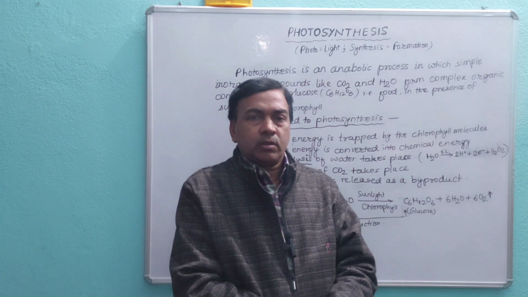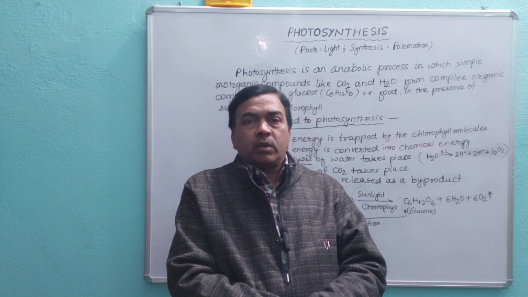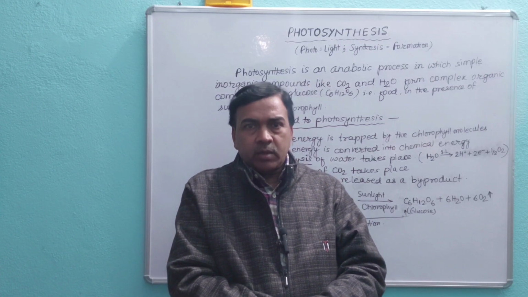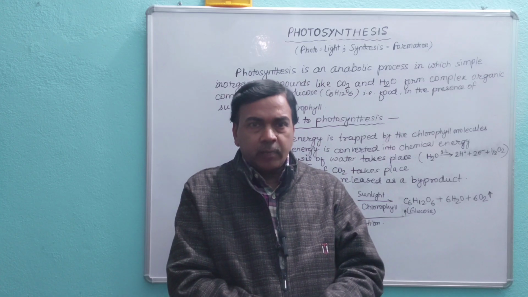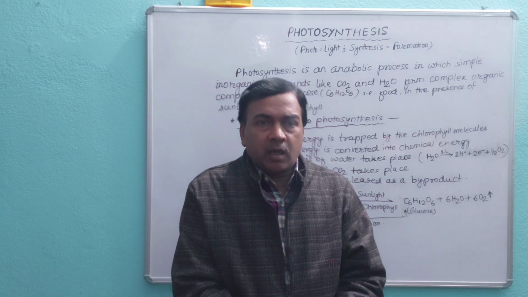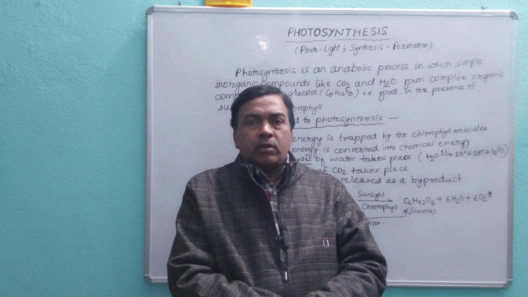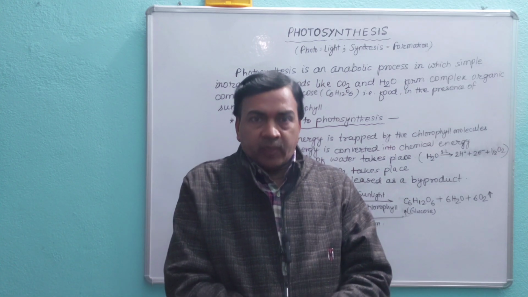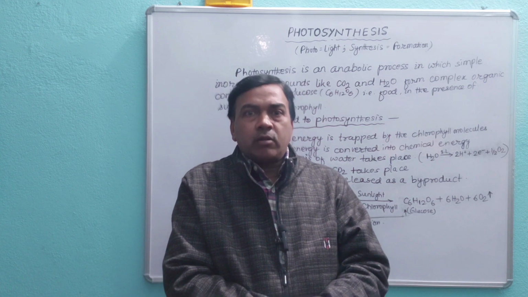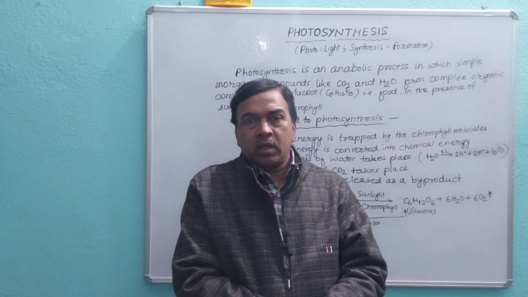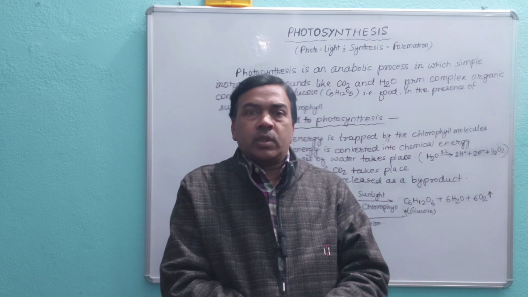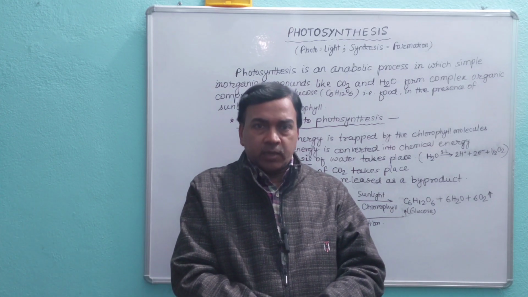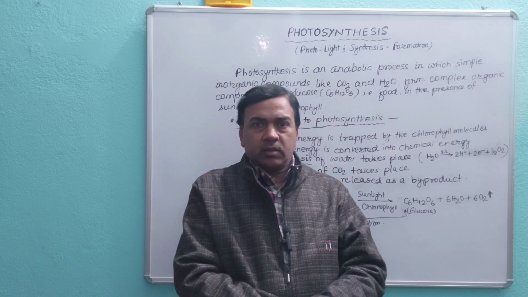This NADPH2 and ATP moves into the stroma, and in the process of dark phase, which is also known as Calvin cycle, the NADPH2 releases hydrogen, ATP breaks to give energy, and CO2 takes this hydrogen and gets reduced into glucose. That is, glucose is formed in the dark phase of photosynthesis.